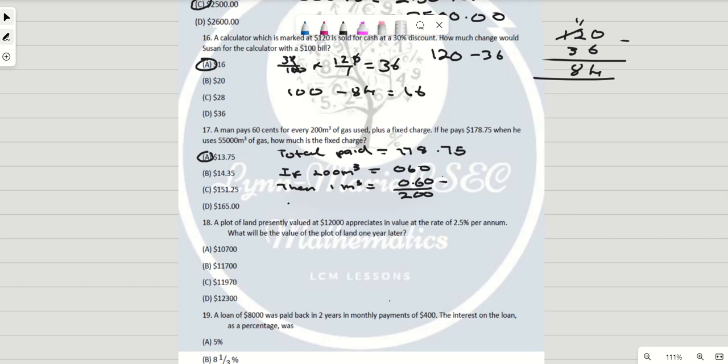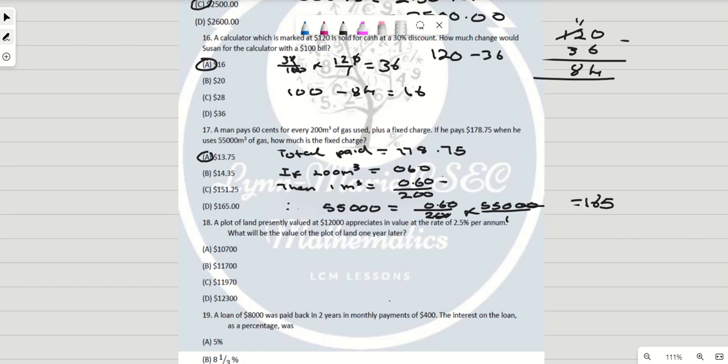Therefore, 55,000 would be 0.60 over 200 multiplied by 55,000. When you do this, you're going to get $165. You can check it.